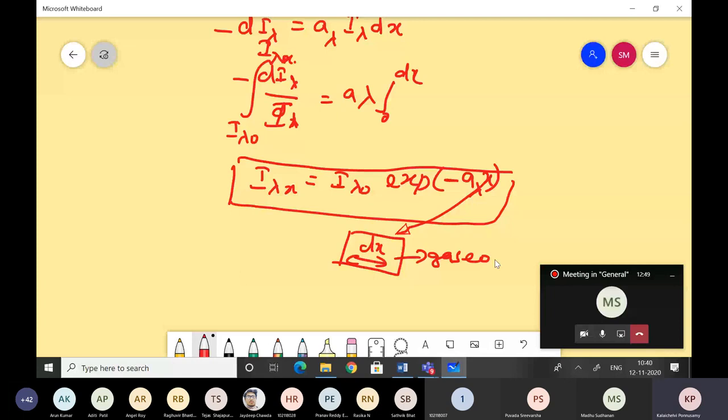right? So if you want to represent the whole enclosure where the gaseous mixture is available, this x is replaced by the mean beam length.